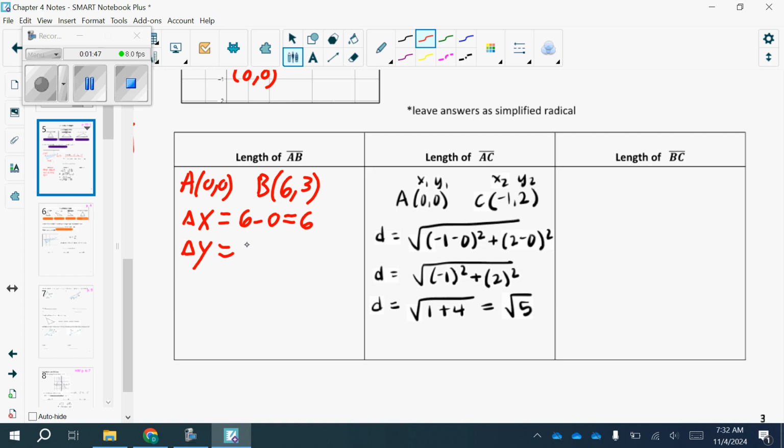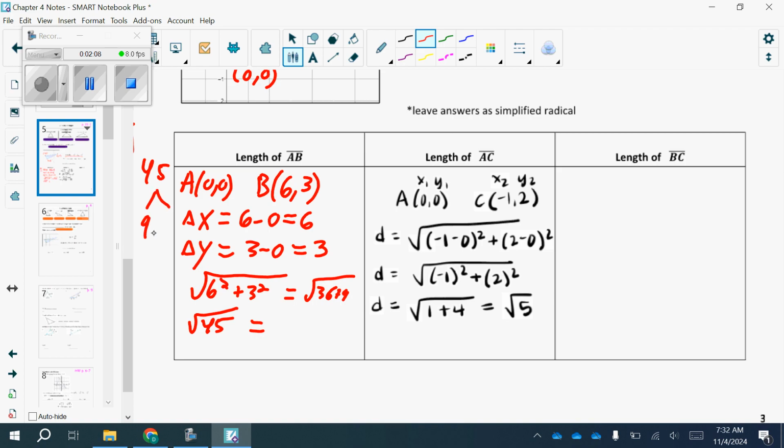The change of y is 3 minus 0, which is 3. So you can do the square root of 6 squared plus 3 squared. This goes to the square root of 36 plus 9. So this is the square root of 45, which we can simplify.